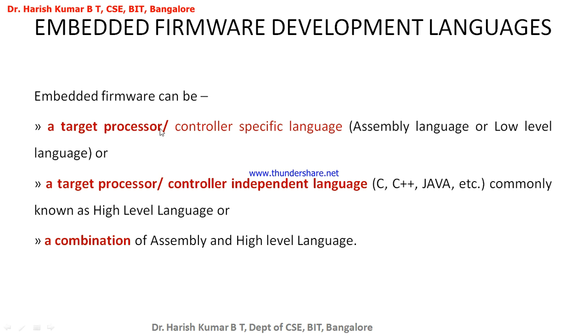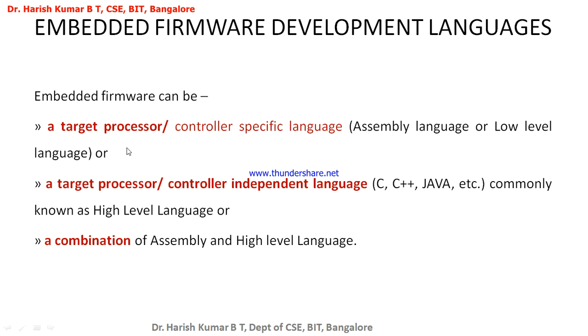Now embedded firmware can be developed using a target processor or controller specific language, that is, assembly language or low level language. Any program written in assembly language runs only on that particular processor. An assembly program written for one target processor cannot run on another target processor.